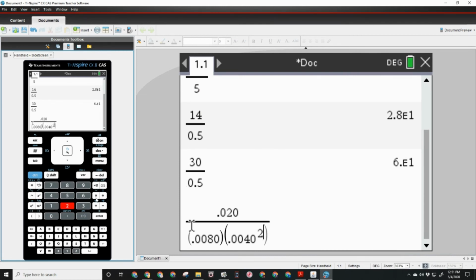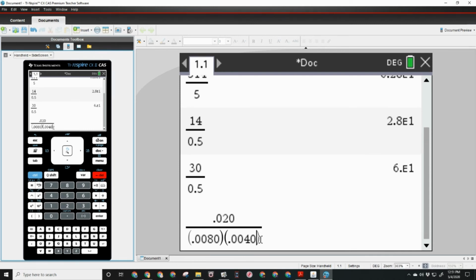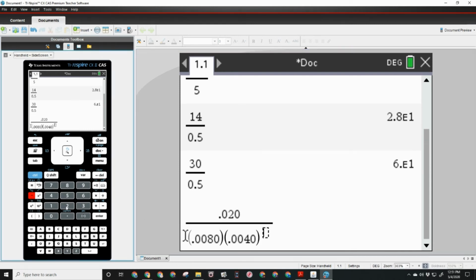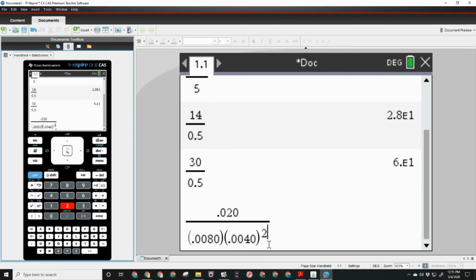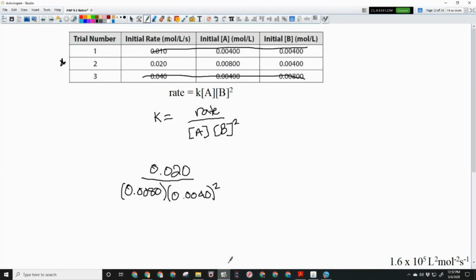Okay. And so when we do the math here, we're going to get 1.6 times 10 to the 5th. Okay. So this is going to be, oh, it's right here. 1.6 times 10 to the 5th.